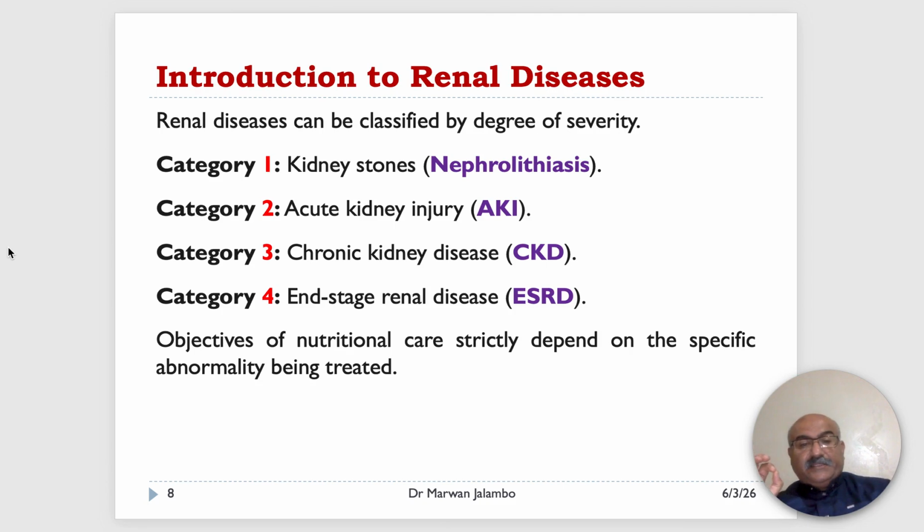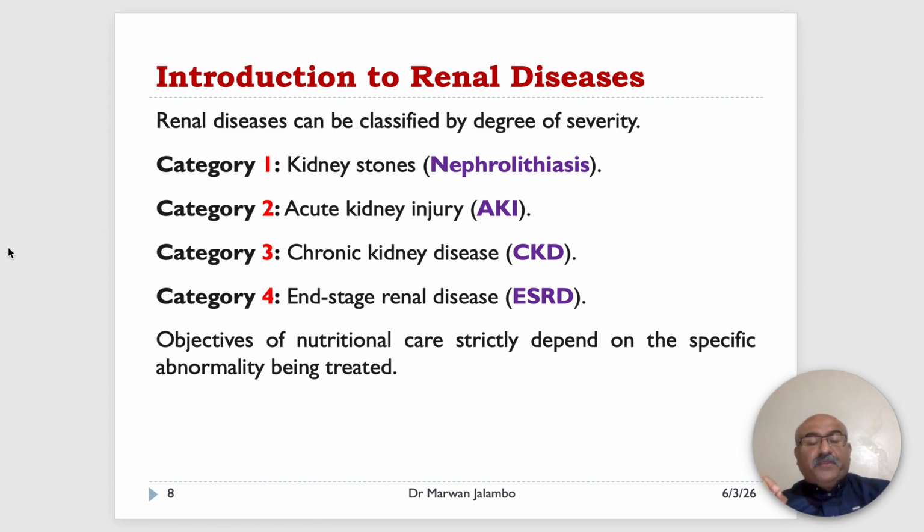Renal diseases can generally be ordered by their degree of severity. So, this is the classification of the severity: category 1, category 2, category 3, and category 4.